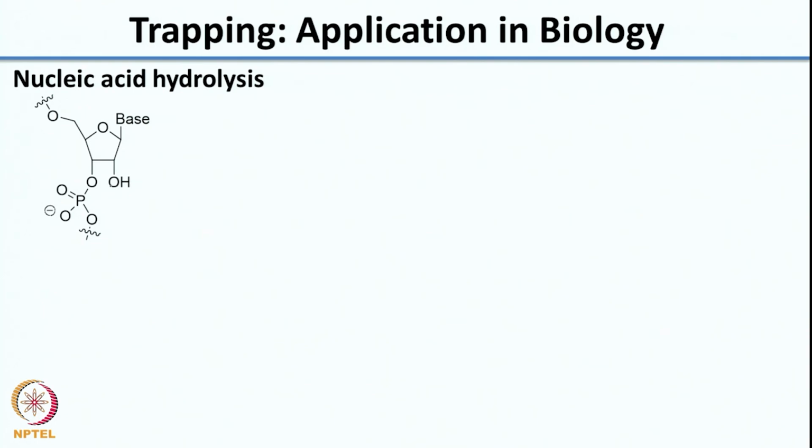So the mechanism for its hydrolysis has been proposed where you can draw the arrows from this neighboring hydroxy at the 2 position and it gives you this intermediate.